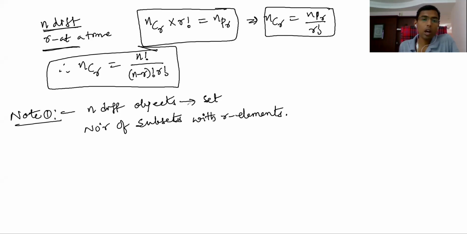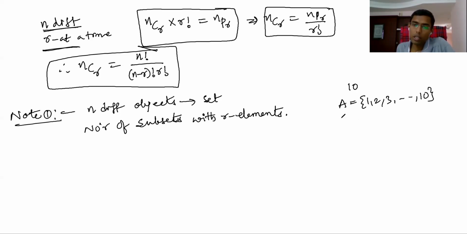How many subsets with r elements does a set with n elements have? The question now is not how many subsets there are in total. Say 10 objects you have, that means a equal to 1, 2, 3 and so on up to 10.